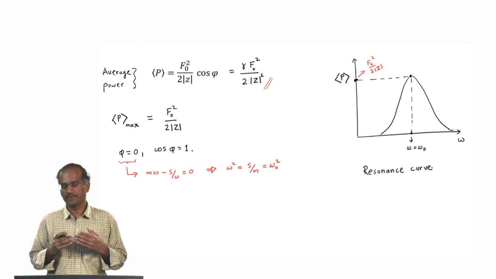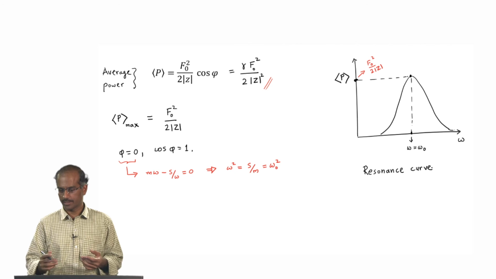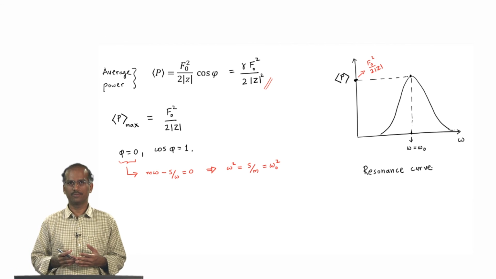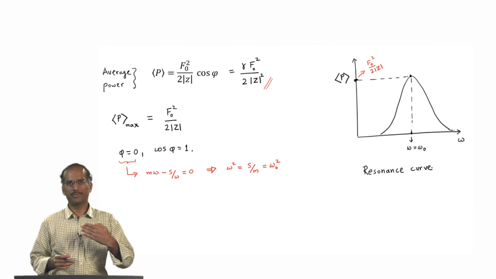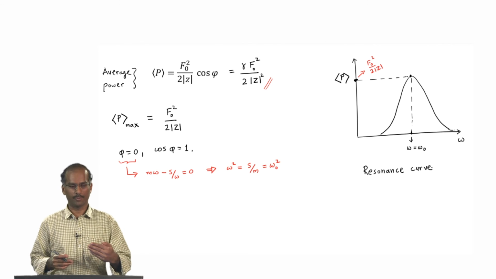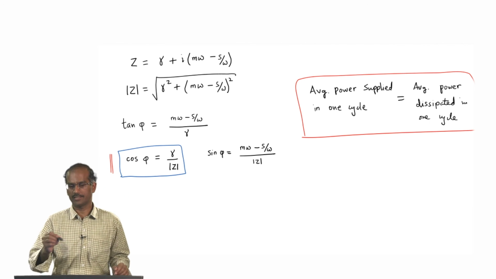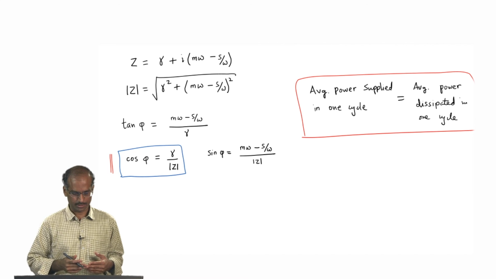And of course, if a lot of power is being absorbed by the oscillator at omega equal to omega 0, it also dissipates the same amount of power over every cycle. That is the general result that we saw just now.